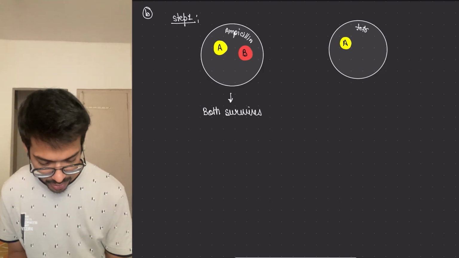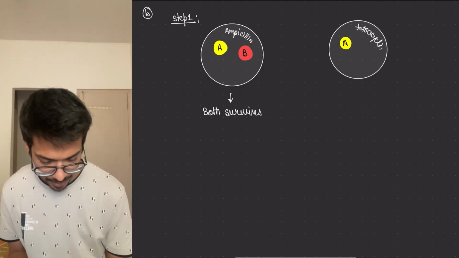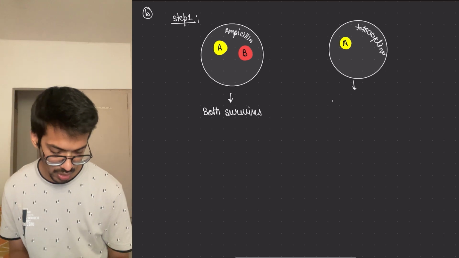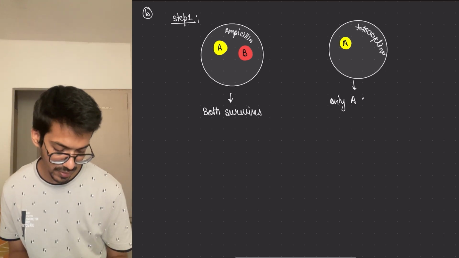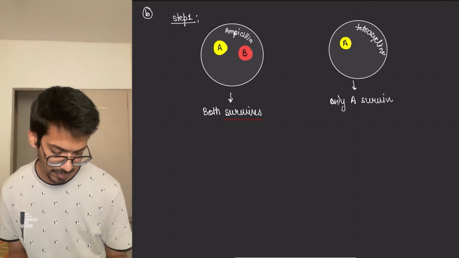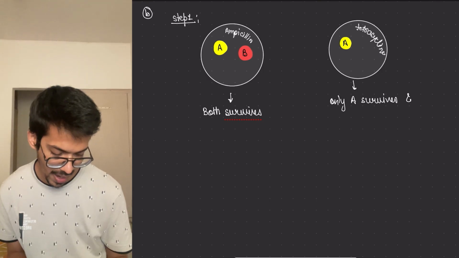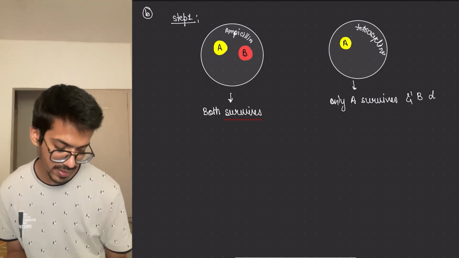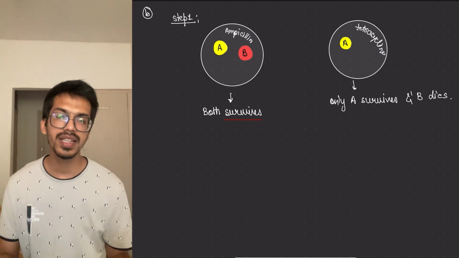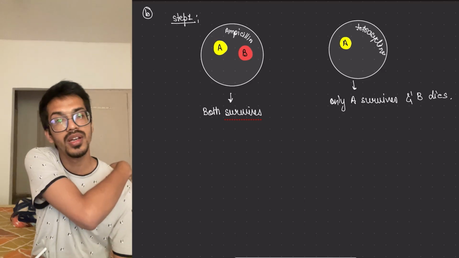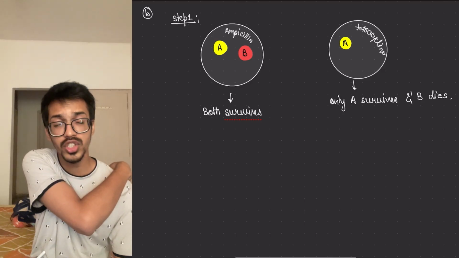But when I put both of them on the tetracycline, what happened? Only A survives and B dies. And these are the ones which contain the recombinant.